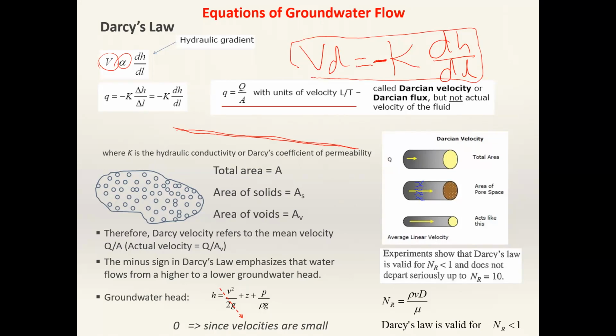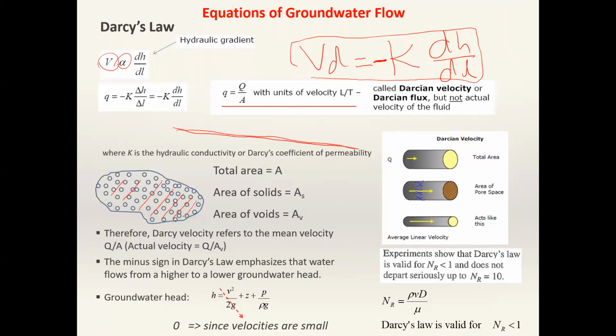Now, you need to understand the difference between the actual velocity and the Darcy velocity. As I told you earlier, if you consider a soil sample like this, not the entire area contributes to the water flow. Only the void spaces, or the interconnected voids, contribute to the water flow.